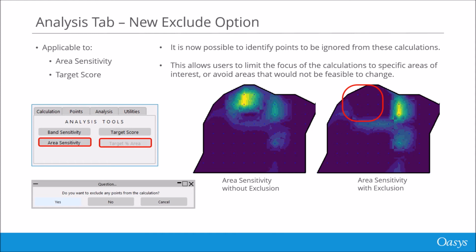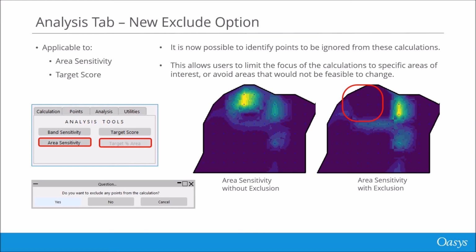So if we take the example that's shown here, this is area sensitivity. Here we're plotting the areas that Primer thinks are the most likely to give you the biggest bang for your buck if you were to change the HIC and you want to improve the area in the GTR calculation.